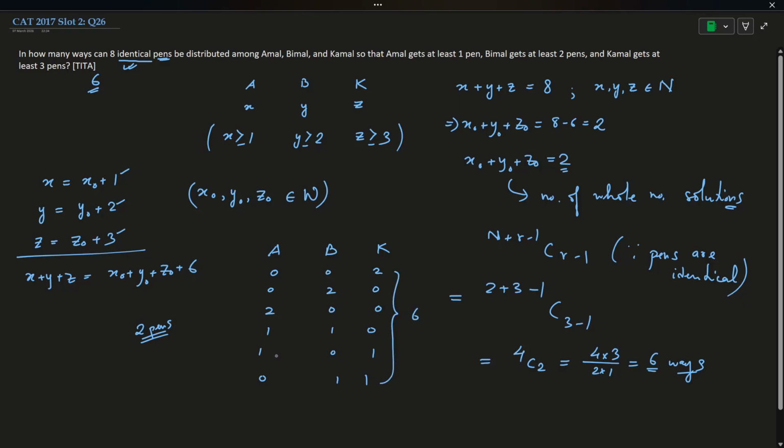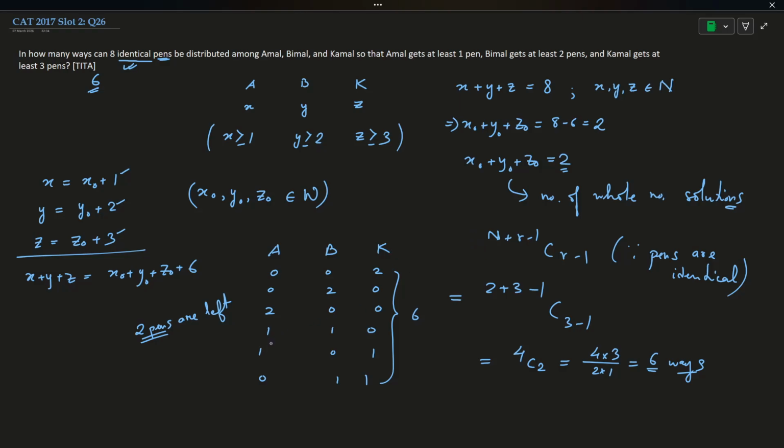So how many ways? 6 ways, guys. 6 ways of distributing the remaining 2 pens. After distributing the 6 pens, 2 pens are left. And in how many ways can you distribute the 2 pens among them? In 6 ways. This is your PNC method, and this is your manual counting method.